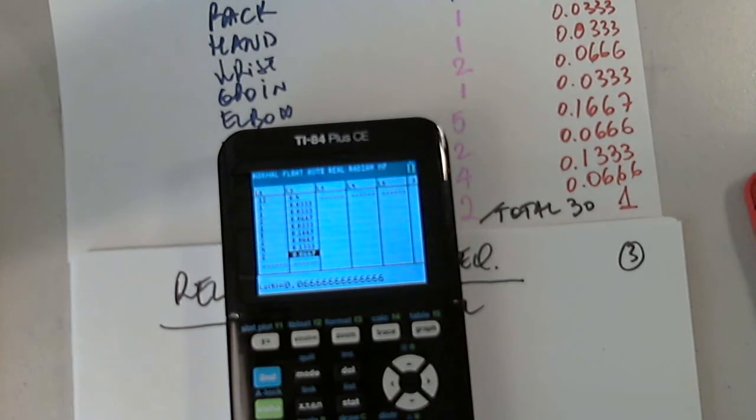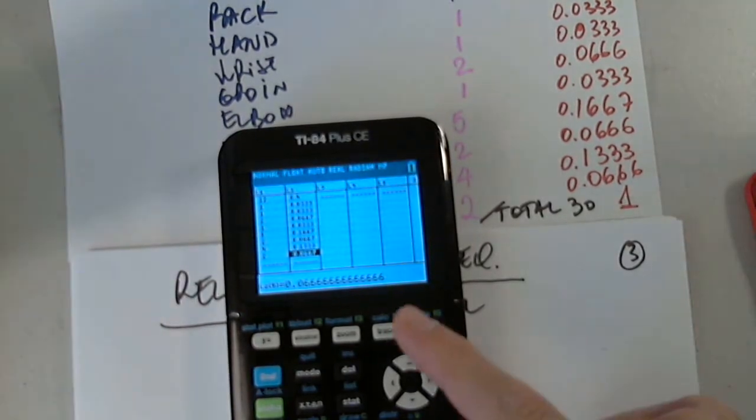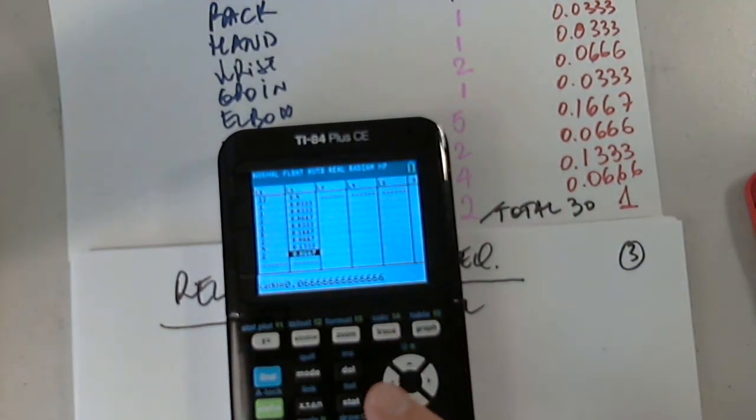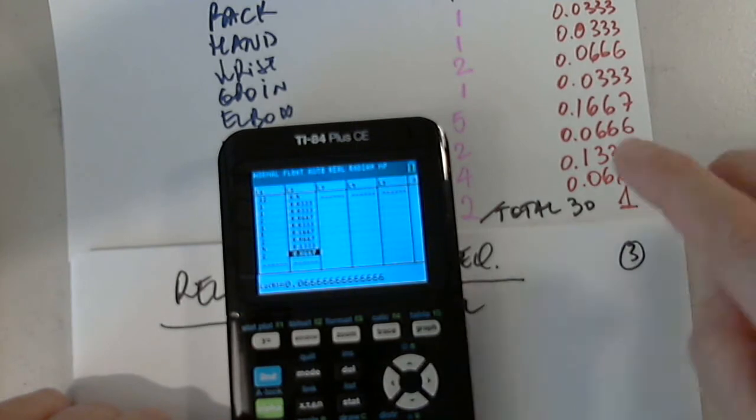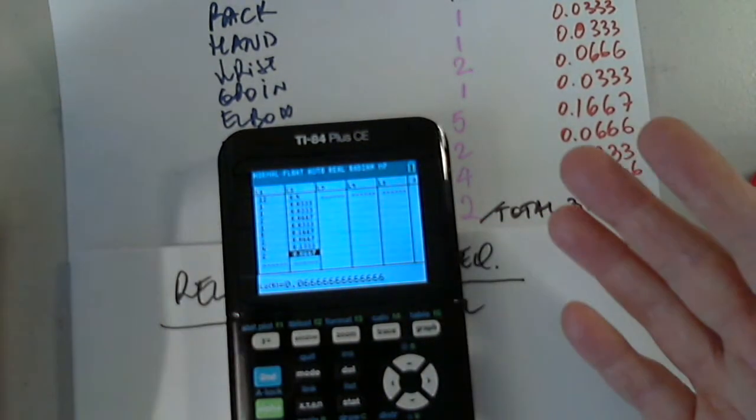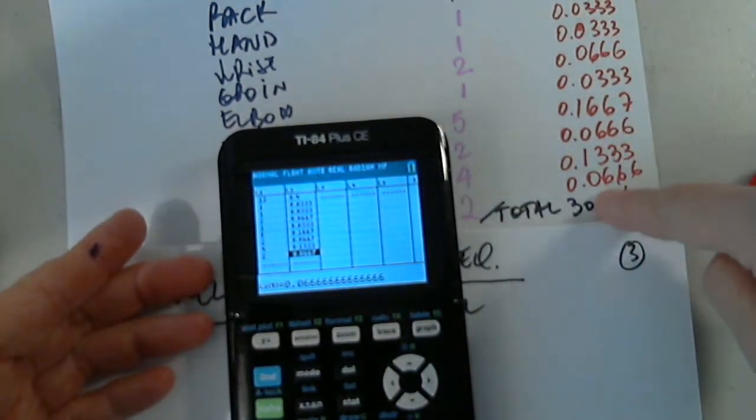Now I have to make sure that they add up to 1. Here's how I'm going to do that. With a graphing calculator, I can show you a way, but it will give us 1 guaranteed, because the calculator will use all the decimals. But you are not using all decimals.